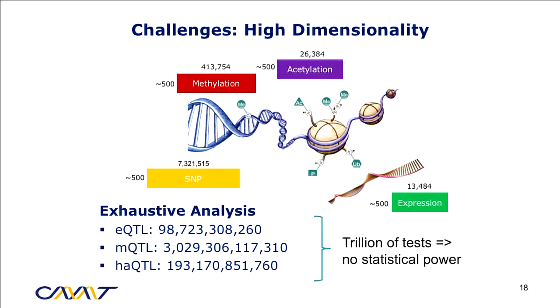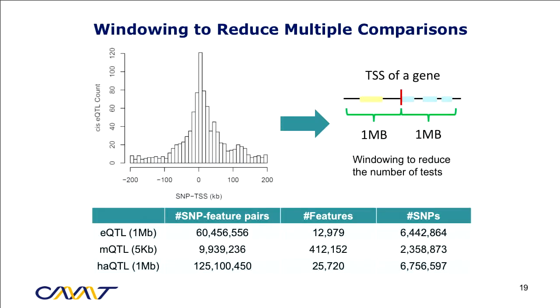Now, the fortunate part is that in past blood-based studies, what people observe is that the number of eQTLs drops drastically with respect to the distance between your transcription starting site and the SNP. Notice that after about 100 kilobases, there are not too many eQTLs left.